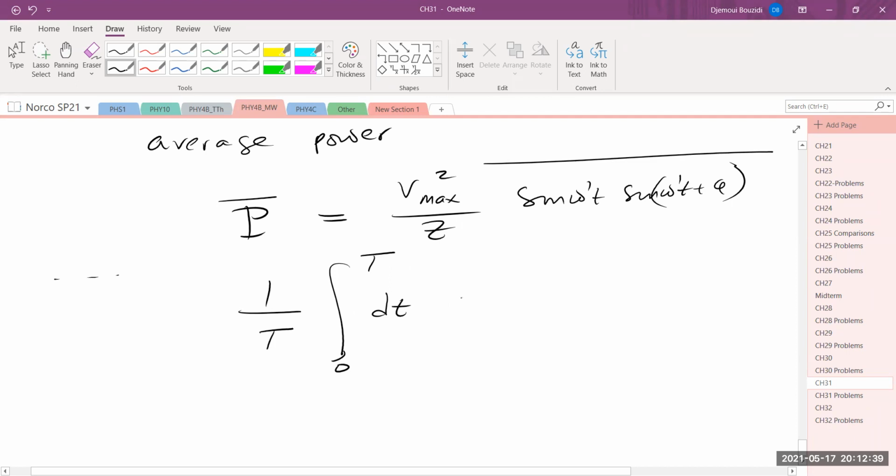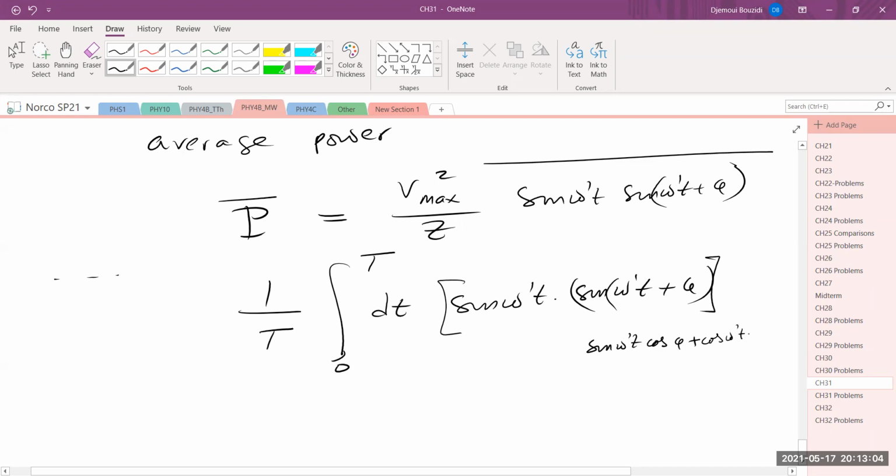If I do that, I will have sine omega prime t times sine omega prime t plus phi, and I'm going to average this quantity. The sine of an angle plus something, I need to be careful with it. This is sine of omega prime t cosine of phi plus cosine omega prime t sine phi.